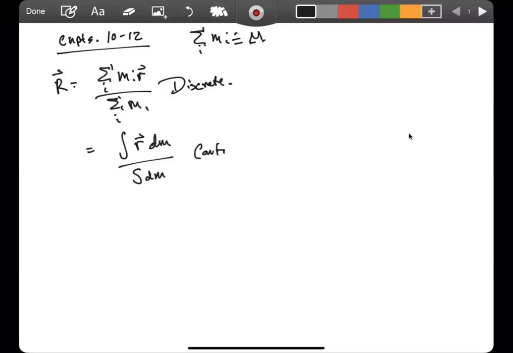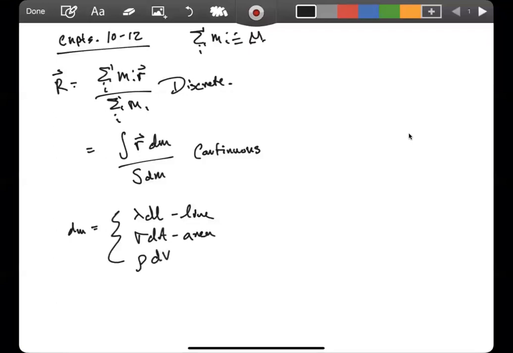The differential mass, as we've seen before, can be written in one of 3 ways: lambda dl for line symmetry, sigma dA for area symmetry, and finally rho dV for volume symmetry. Obviously this is position dependent, so if I choose different coordinate systems, I'm going to get different results, at least for the position of the center of mass. So that's that one.